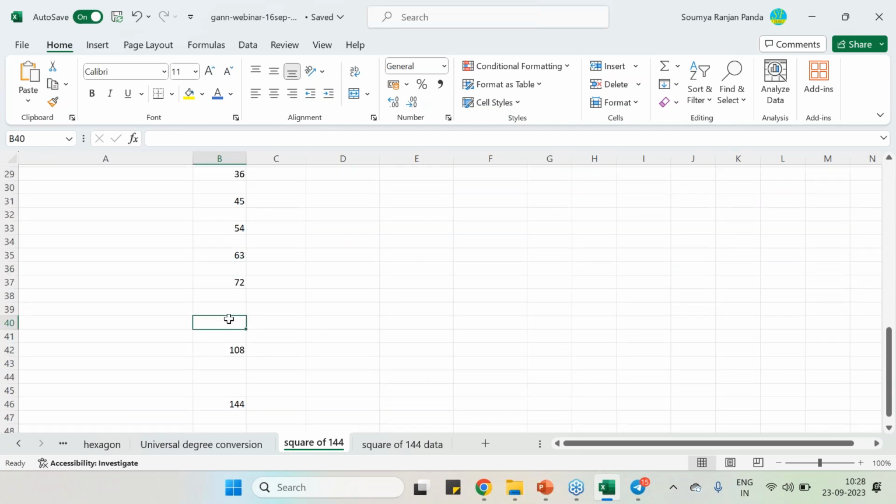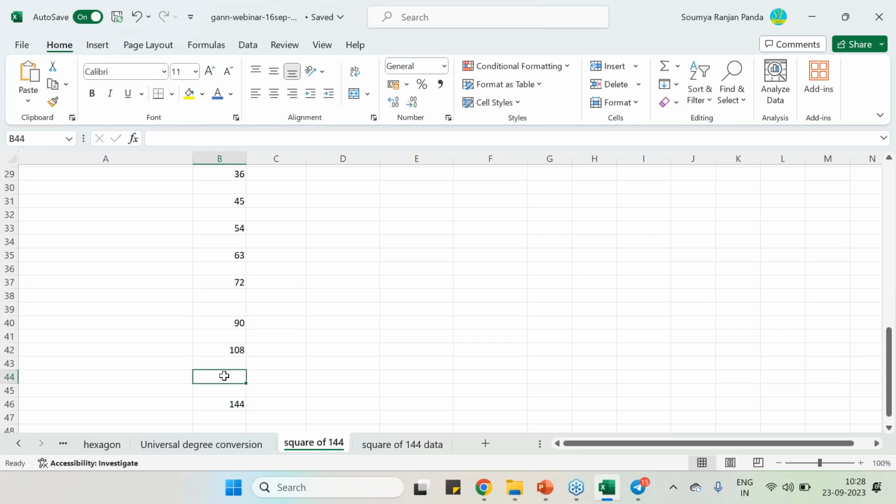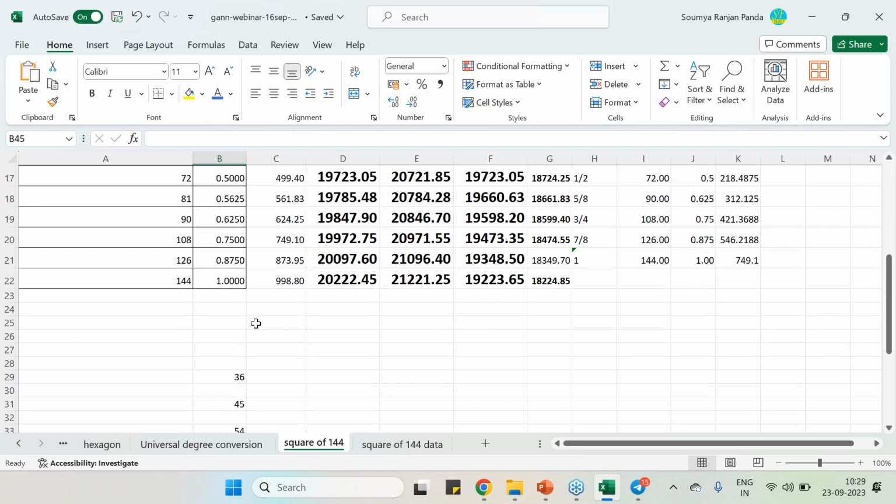Now we will go here. Here one extra number we require. So 72 plus 108 divided by 2 is 90. This also we required. Then 108 plus 144 divided by 2. Totally how many numbers came? Count: 5, 6, 7, 8, 9. 9 numbers have come. Now the 10th number is very important.